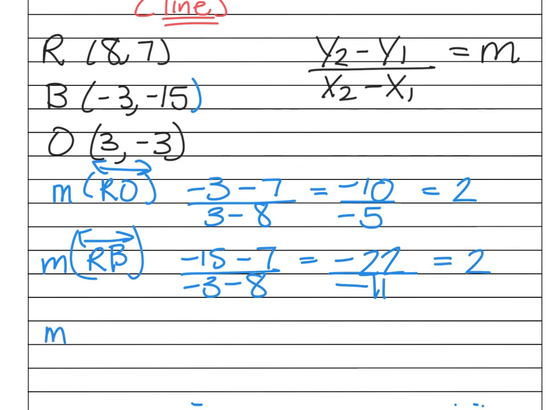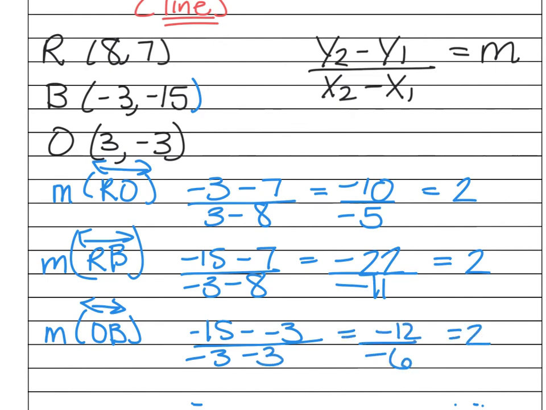Now I'm going to do the slope of OB. So I'm looking from O to B, so I'm going to plug that in. Negative 15 minus negative 3 over negative 3 minus 3. You get negative 12 over negative 6, which is also 2.